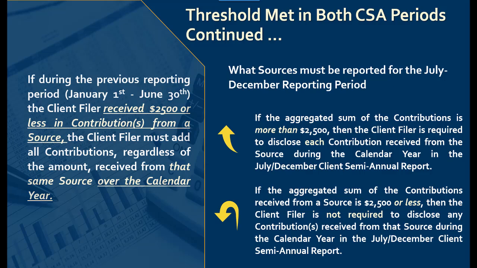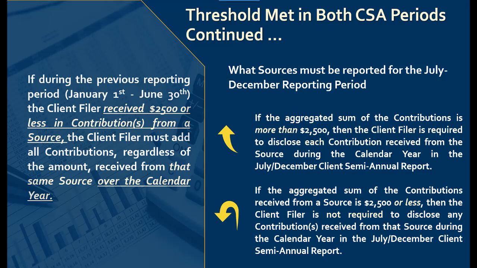This slide also relates to the July-December CSA and describes what to do when the threshold was met by the client filer for both CSA periods that year, covering yet another scenario.